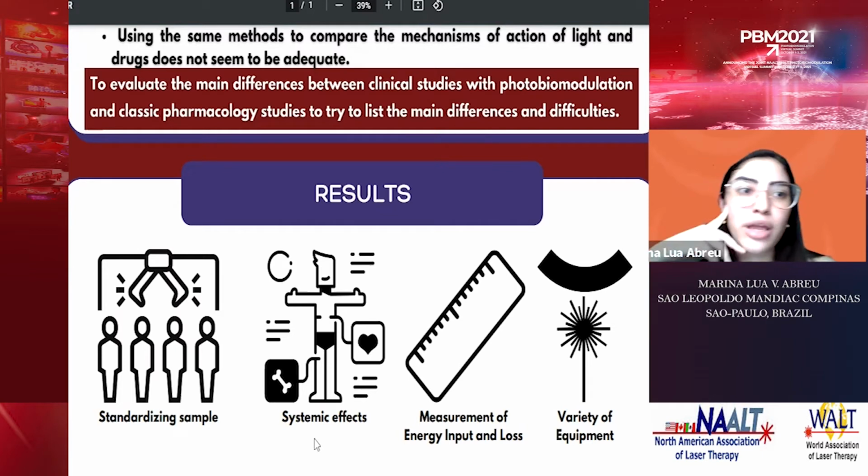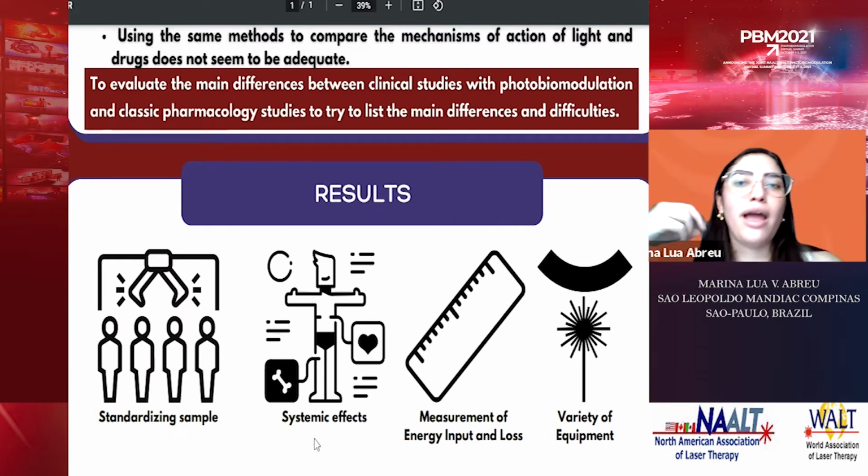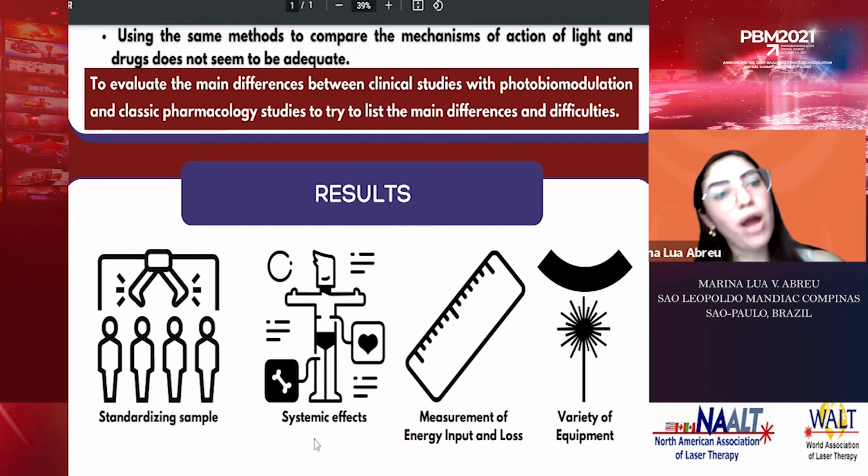Another thing that we would like to discuss is the measure of energy input and loss that sometimes we can't foresee. And in classical pharmacological studies, there are already defined methodologies for studying drug pharmacokinetics.